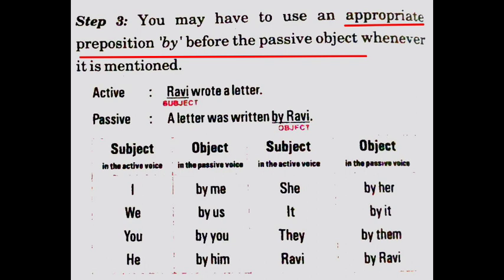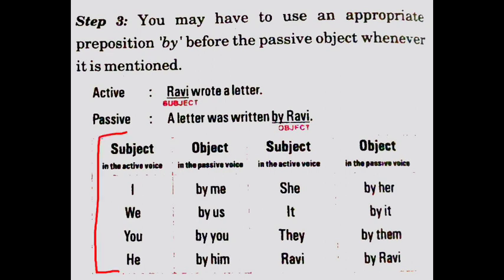For example, here, see, we have put by Ravi. We have put the preposition by before name Ravi. Also, we can change the subject and object. So, if the subject is I, it will be by me. We, by us. You, by you. So, go through this table to see how we'll change a subject into an object.